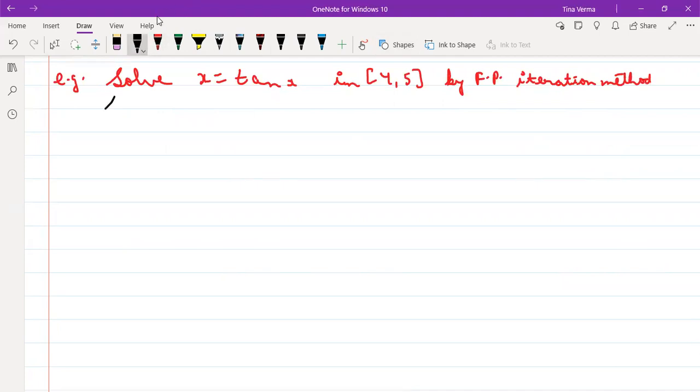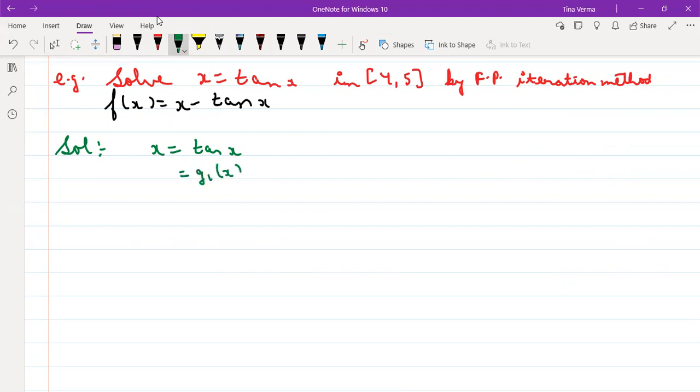So you have here function f of x is equal to x minus tan x. ठीक है? अगर आप इसको सॉल्व करते हो, this is already in the form x is equal to tan of x, right? यहाँ पे ही आपको already x is equal to tan x है, so this can be your one function. अगर आपको चेक करना है कि ये कन्वर्ज करेगा कि नहीं, so this will not converge to the root.